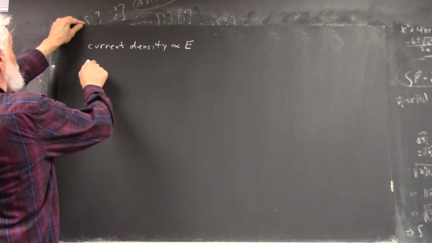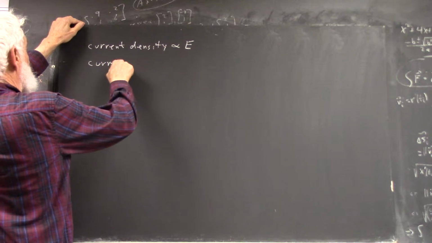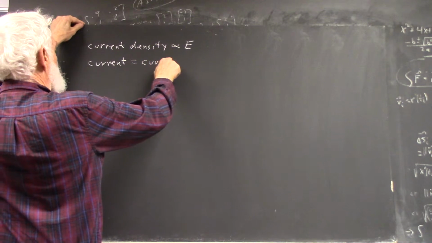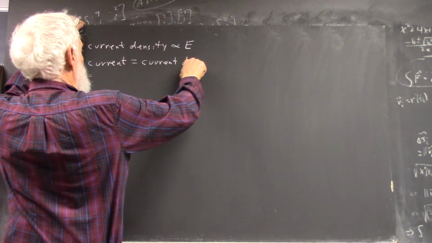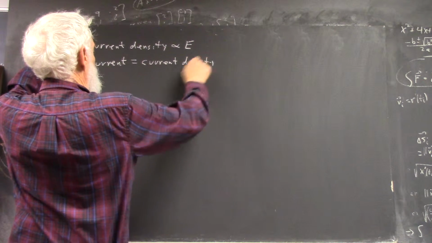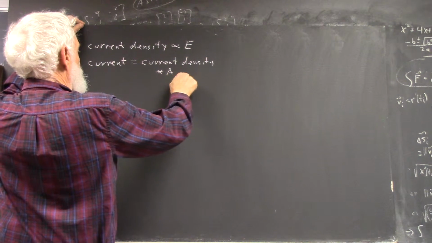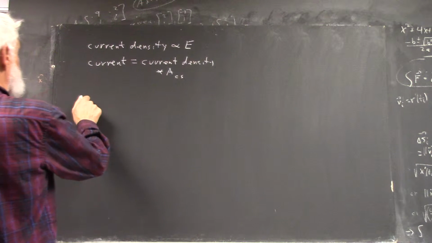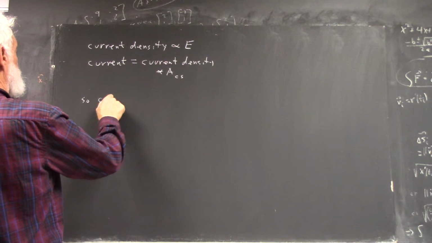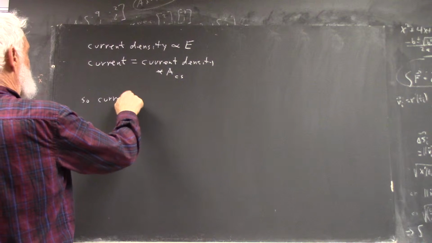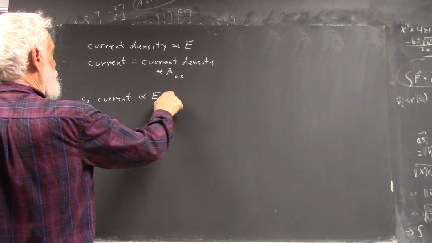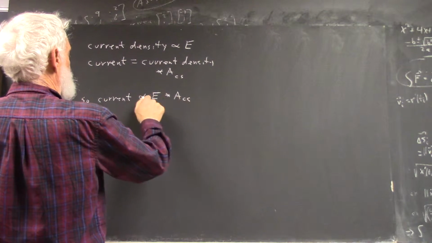And then current is current density times cross-sectional area, right? So current is proportional to E times cross-sectional area.